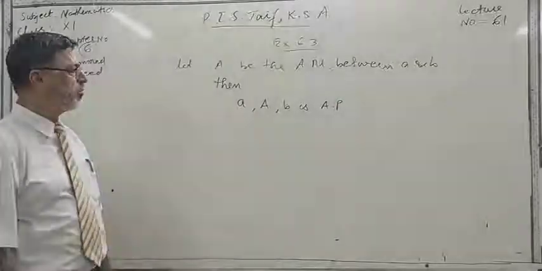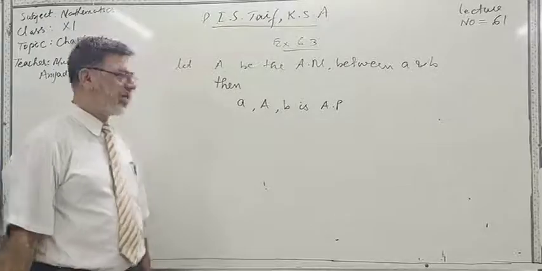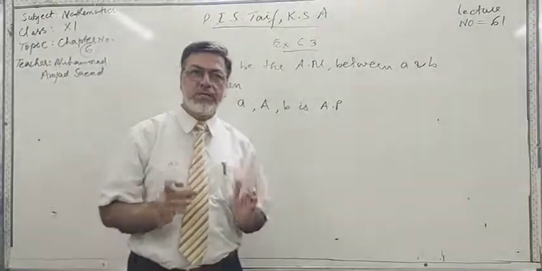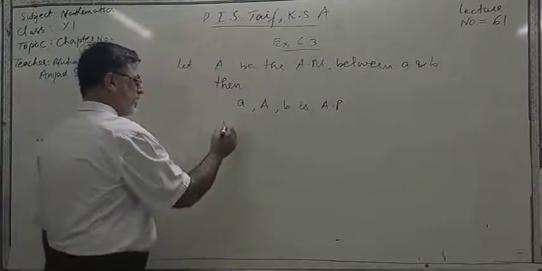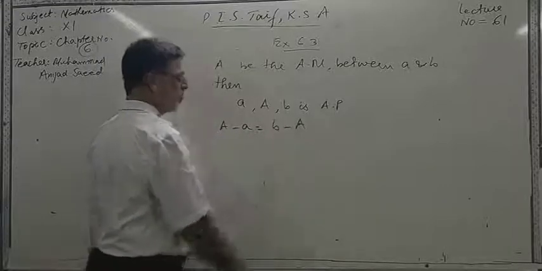This is an arithmetic progression. According to the definition of arithmetic progression, the common difference between any two consecutive numbers remains the same. That's why second minus first is equal to third minus second.